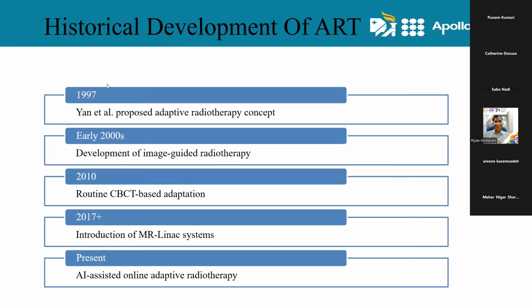When we talk about the historical development of ART, the concept of adaptive radiotherapy was proposed by Yan et al. in 1997. The key milestones include the development of image-guided radiotherapy around the 2000s, routine CBCT-based adaptations around 2010, and now the introduction of MR-based Linac systems for adaptation after 2017.